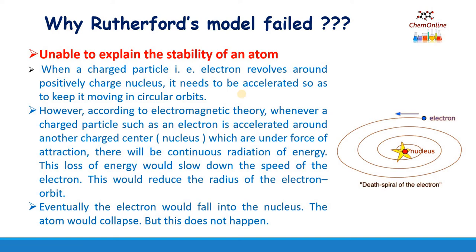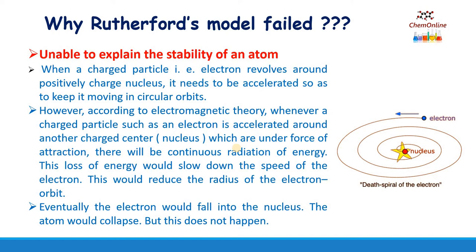But according to classical electromagnetic theory, whenever a charged particle like an electron is revolving around a positively charged nucleus, there will be a force of attraction, and such a moving charged particle will continuously emit radiation of energy.